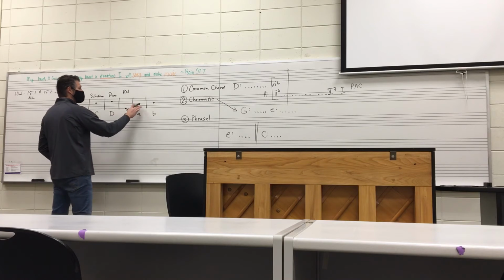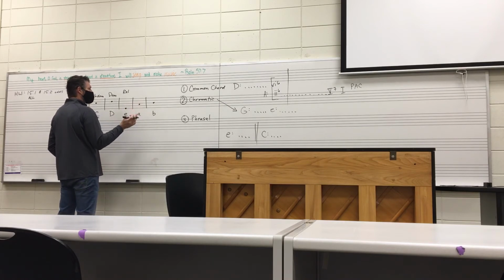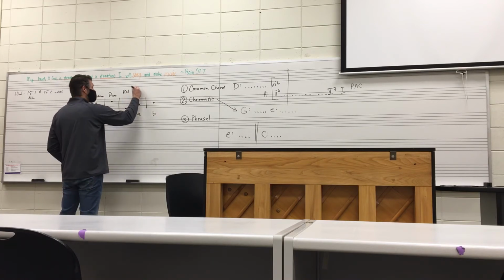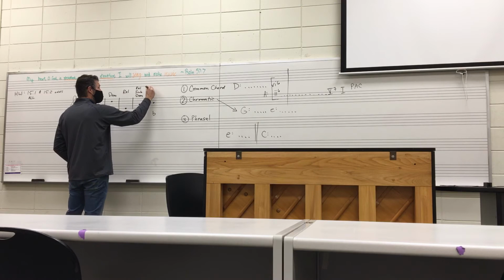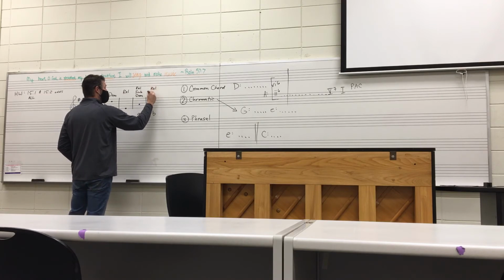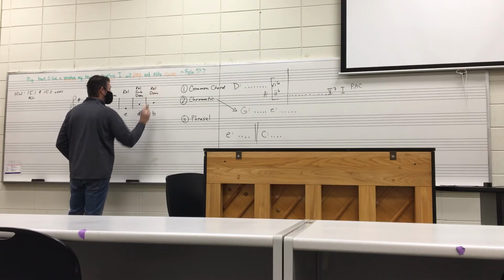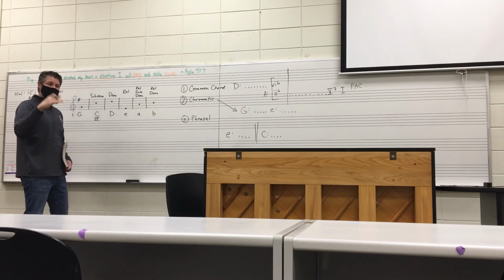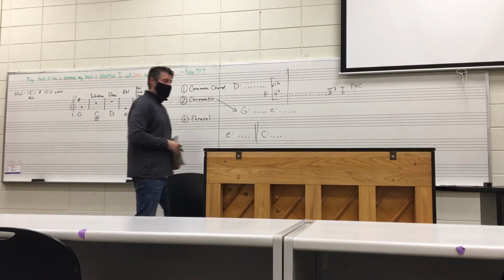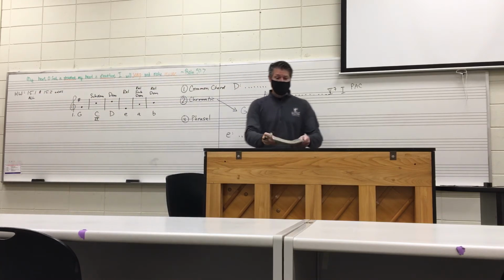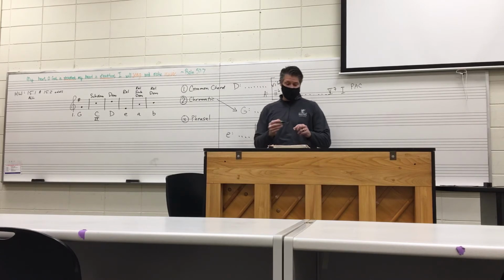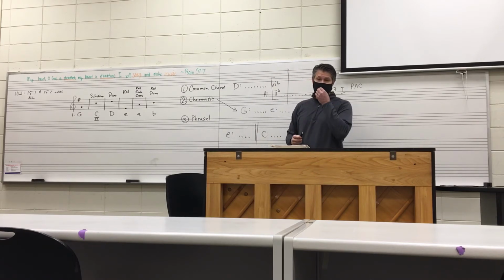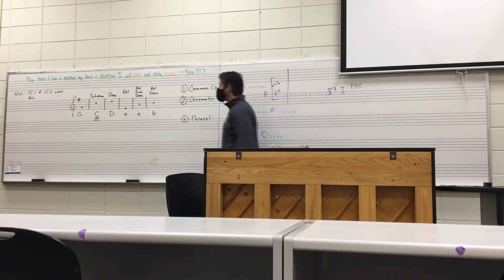So here I'm going to call this the relative subdominant. And I'm going to call this the relative dominant. So sub just means underneath. So we've got the dominant and the subdominant. Basically, we're just traveling the circle of fifths to find the closely related keys.